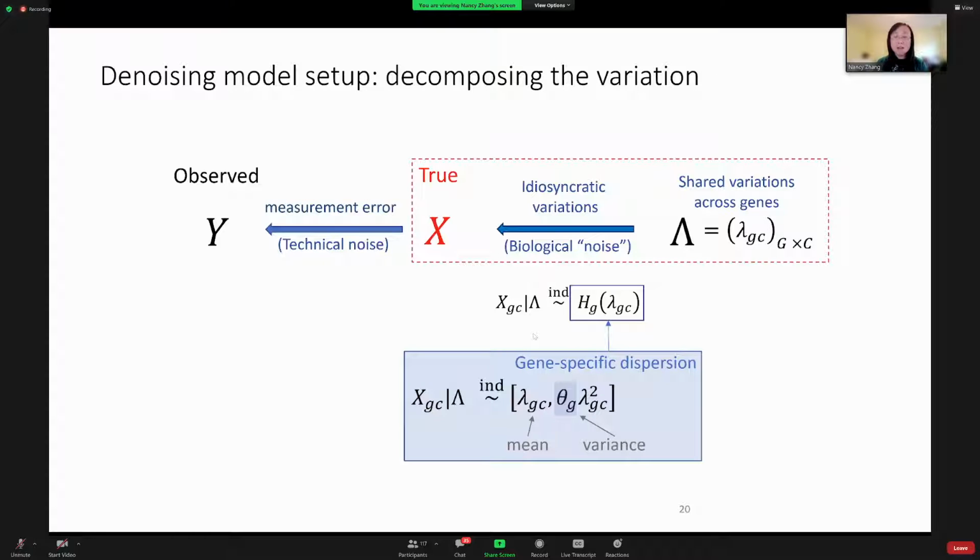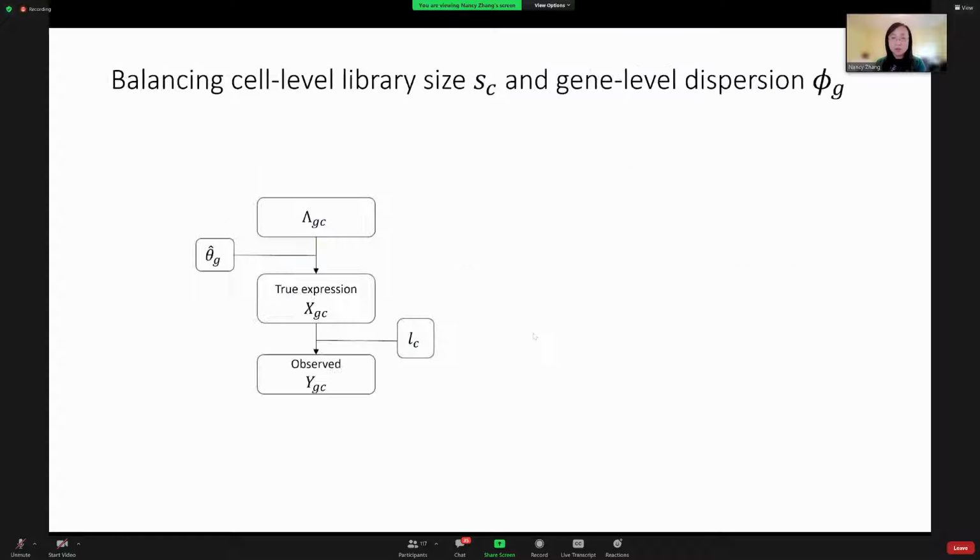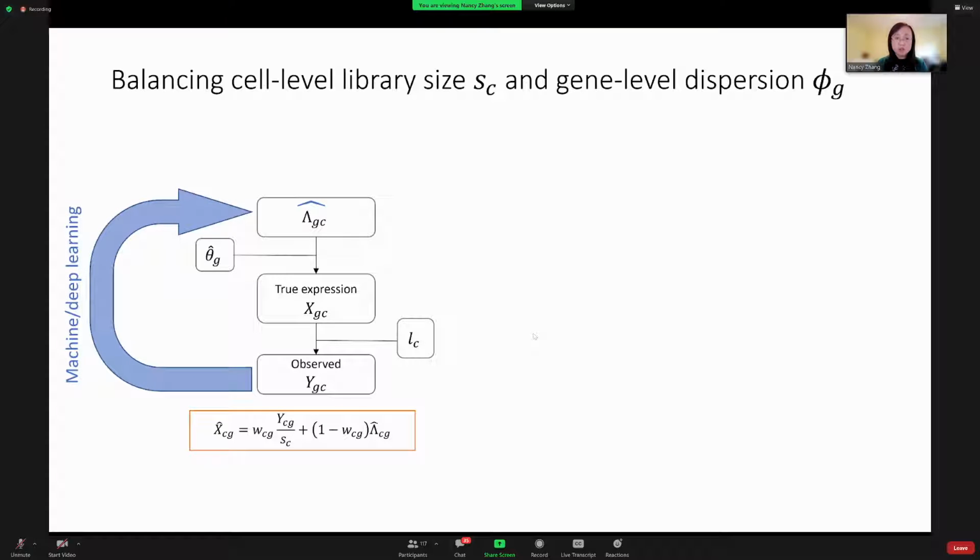So it turns out that this is your estimate. If you assume that this is a gamma distribution, then this is a negative binomial, and then this would be the maximum likelihood estimate of x hat. If you don't assume a gamma distribution, then this is the minimum variance estimate.